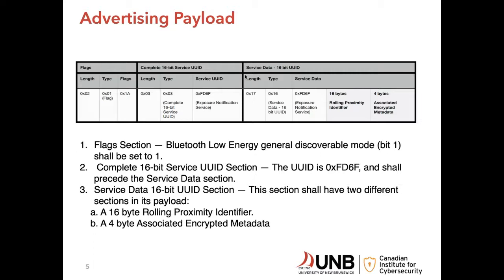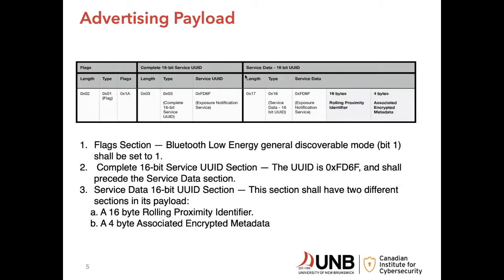So this exposure notification service payload has three sections: the flags section, the complete 16-bit services, and the service data 16-bit UUID. These bits are used for purposes such as versioning. There are 3 bytes. Byte 0 is versioning: bits 7 to 6 are for the major revision, bits 5 to 4 are for the minor revision, and bits 3 to 0 are reserved for future use.